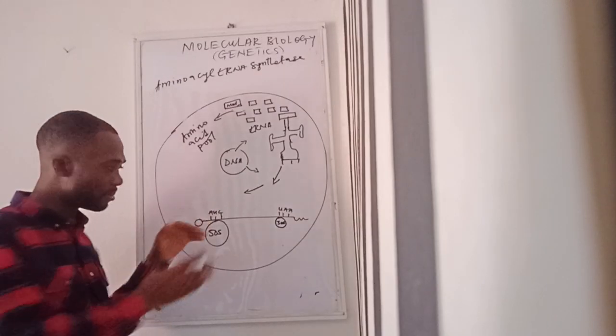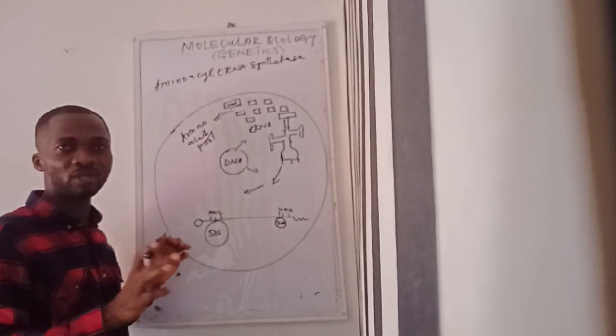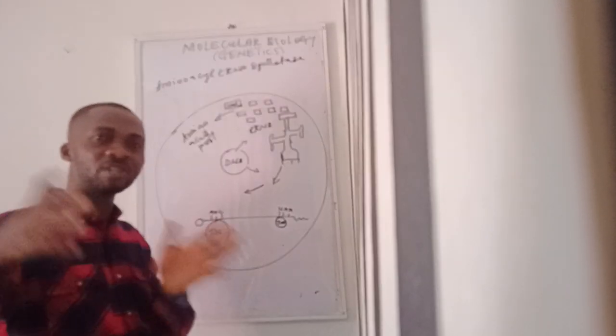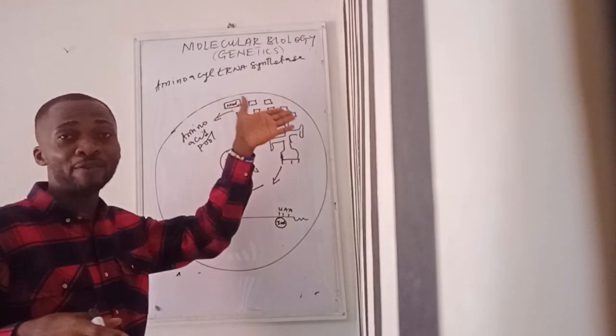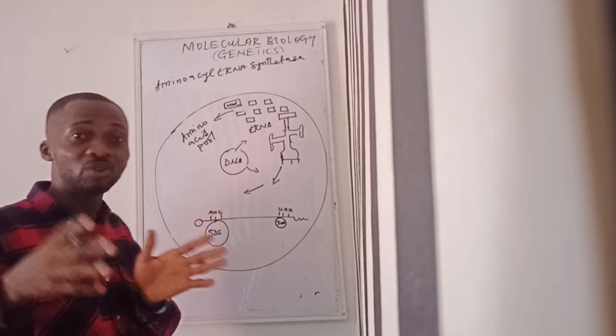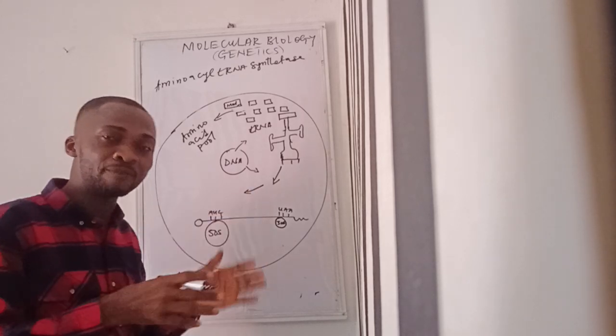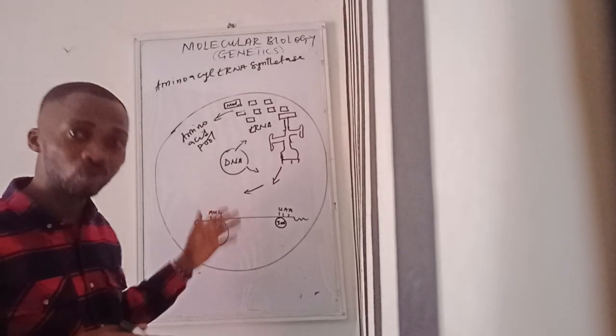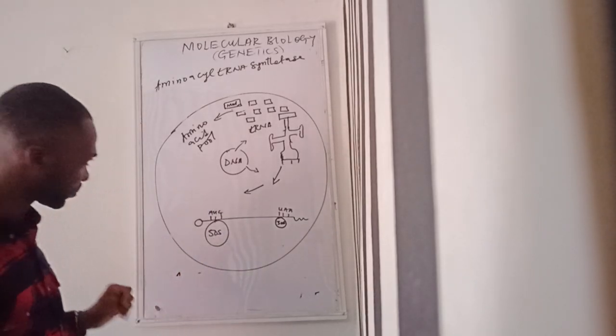Remember, the sequence of three nucleotides in messenger RNA is called the codon, and that in transfer RNA is called the anticodon. I hope you have not forgotten this.